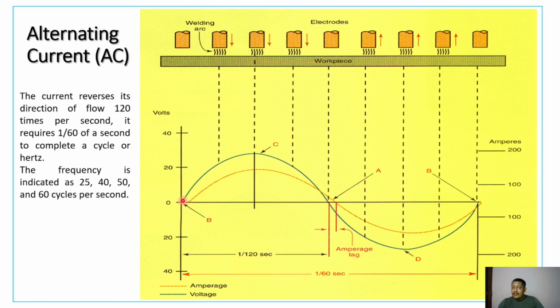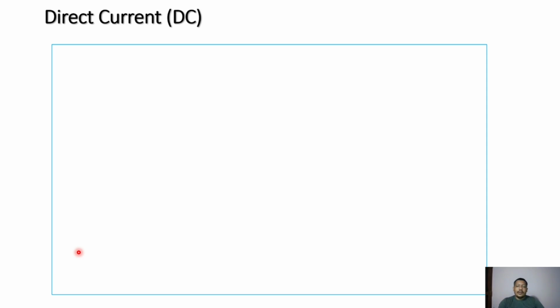You can see that at exactly 1/120 the voltage crosses and connects into the cycles correctly. But in the case of current, there is a phase lag. I am not going into the electrical details, since our focus is on the manufacturing process.